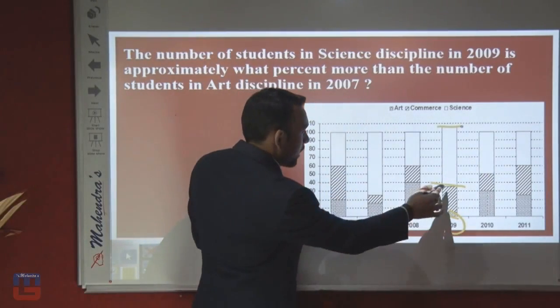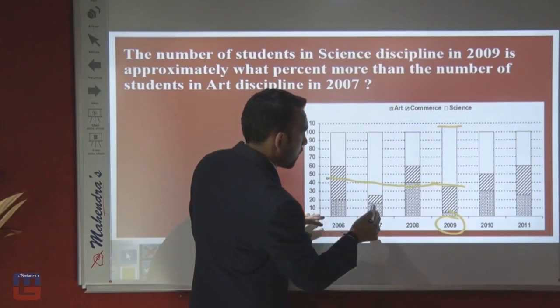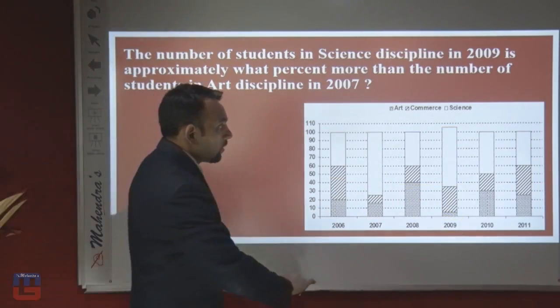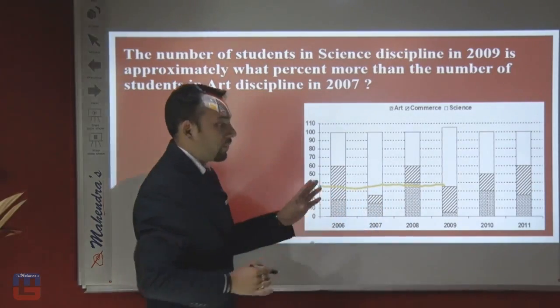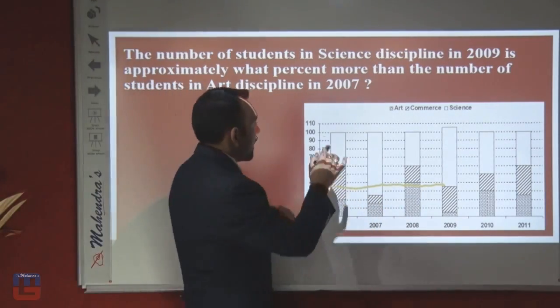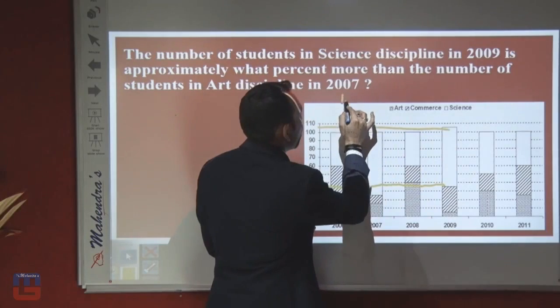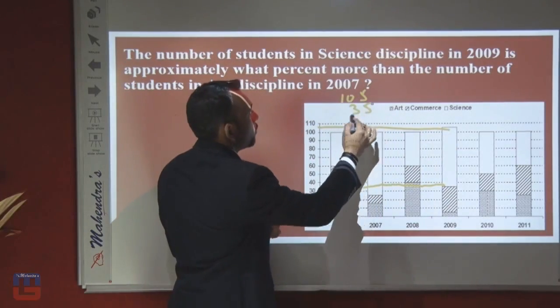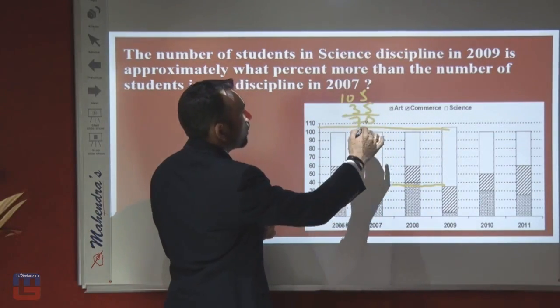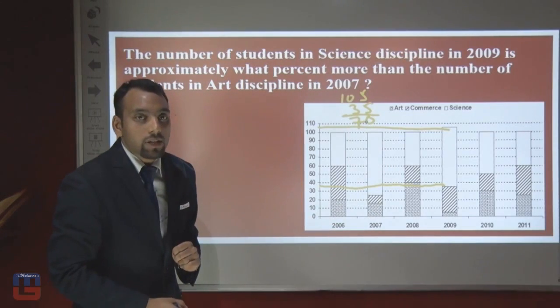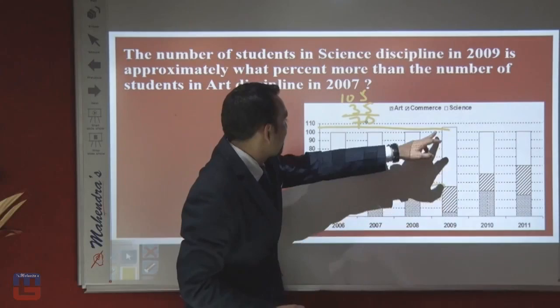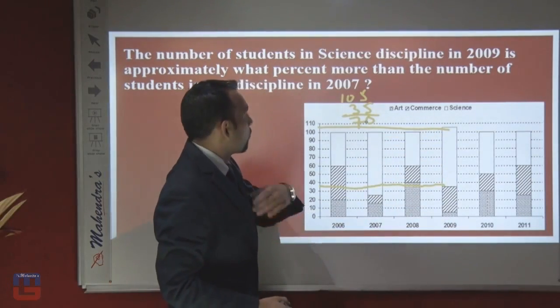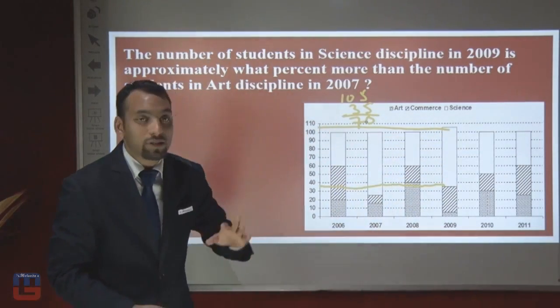The point is here, you can see, from this it is 35, right? And this is 105. So you can see now this is up to 35 and this is up to 105. So the difference is here how much? 70.